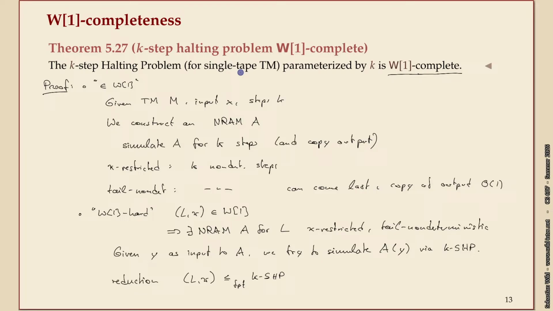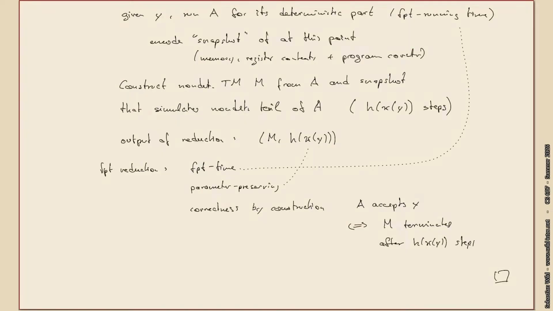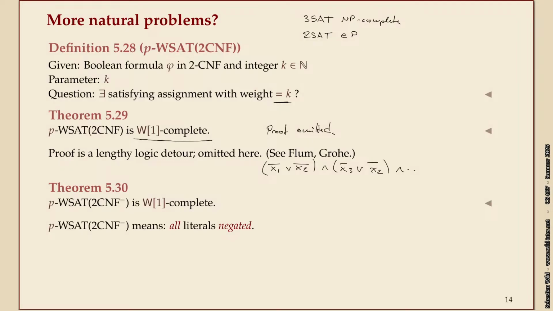And if you can solve your problem with such a machine, non-determinism only at the end and only for some amount of time that is bounded by the parameter, then the problem is in W1. Equivalently, you can reduce it to this halting problem for a Turing machine. I think the other is a bit more natural.